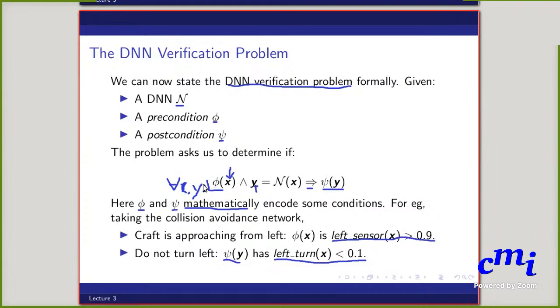So you're saying that the problem is more of getting this phi and chi, rather than verifying, right?